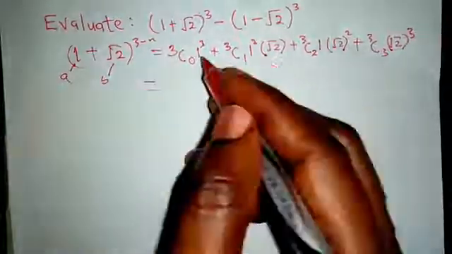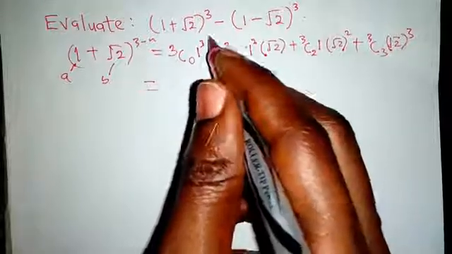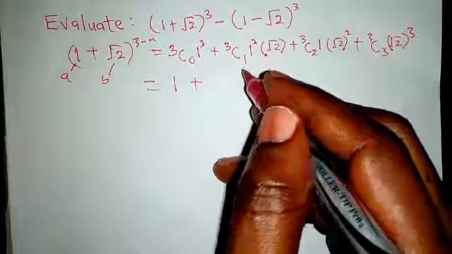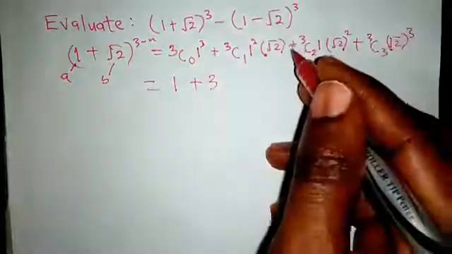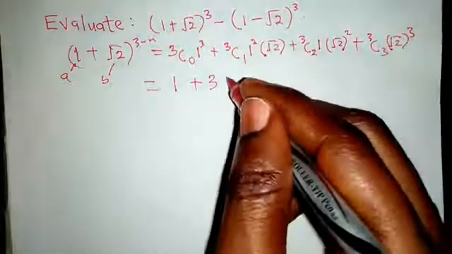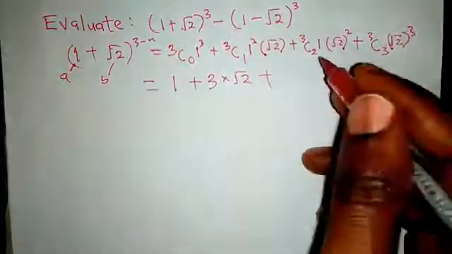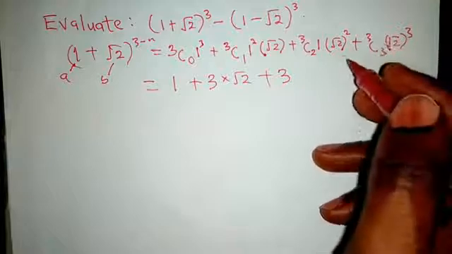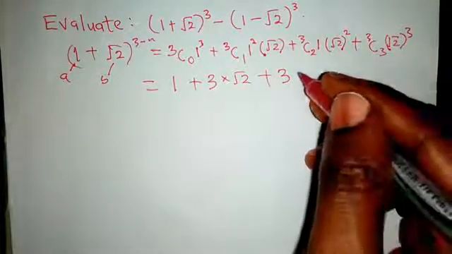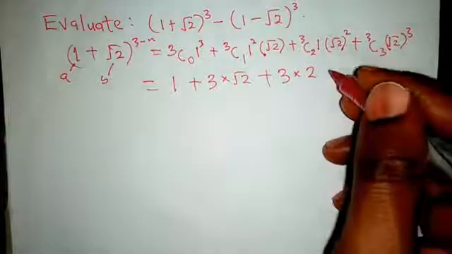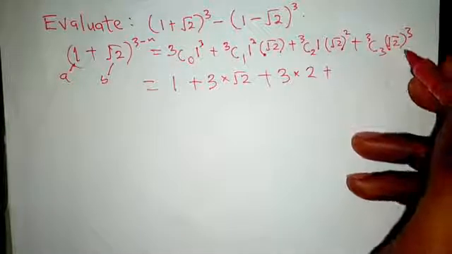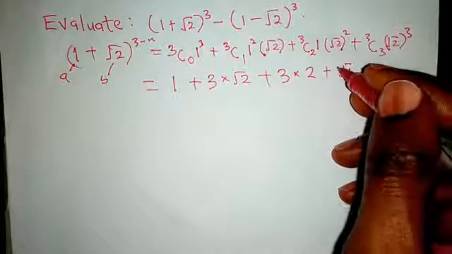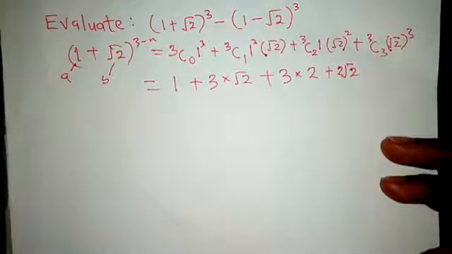And so this gives 3 choose 0 is 1, 1 cubed is 1, so we have 1 here, plus 3 choose 1, if you use a calculator, you get 3, 1 squared is 1, times root 2, plus 3 choose 2 gives 3 also, root 2 squared, that's root 2 times root 2 gives 2, plus 3 choose 3 is 1, root 2 cubed gives us 2 root 2.